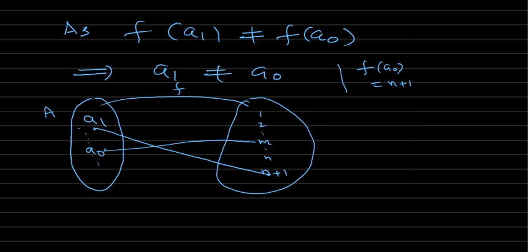So we define h from A to the set of these first n plus 1 natural numbers by: h of a is equal to the same f of a, if a is not equal to a1 and a is not equal to a0.